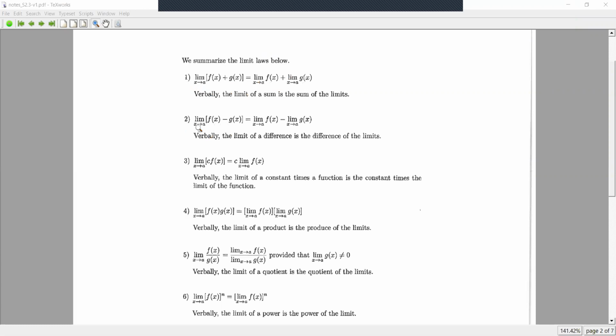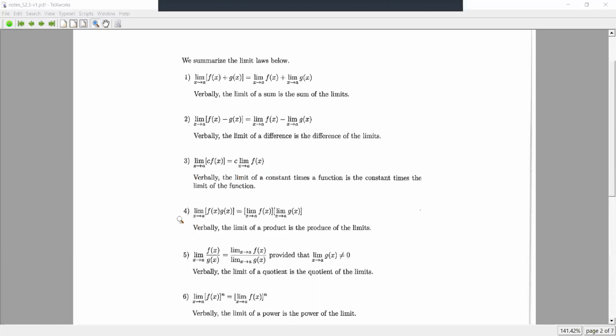It says that limit of a difference is the difference of limits. Law number three is a constant times a function. Limit of a constant times a function is the constant times the limit. The constant can be moved outside the limit.